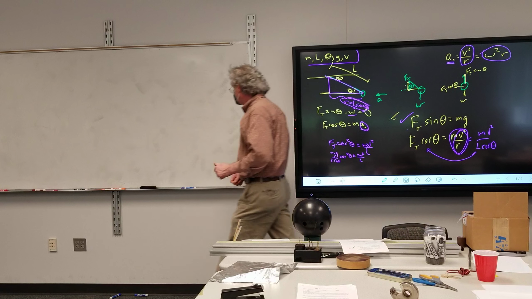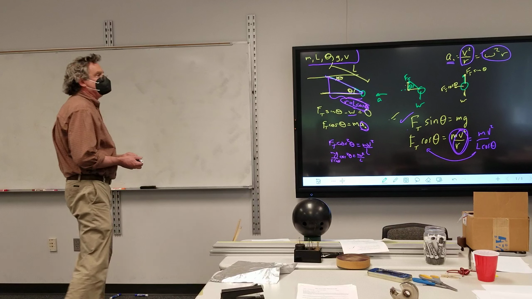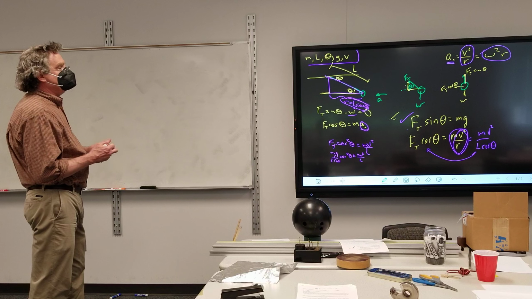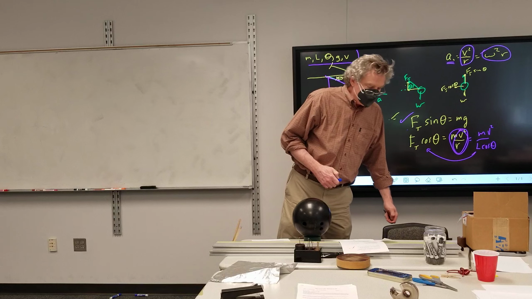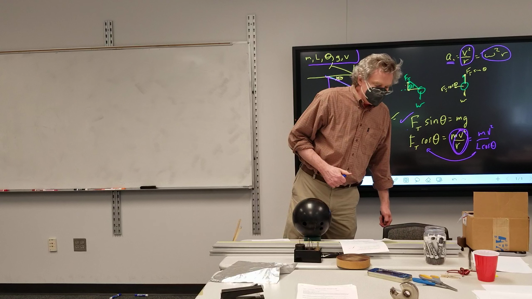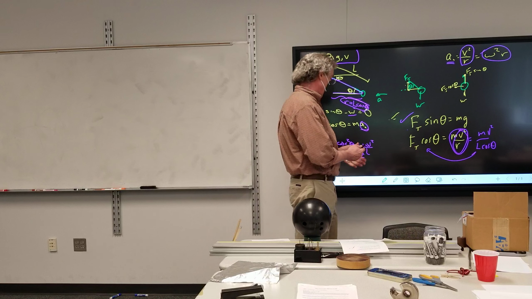However, I know M, so I know V. Let's see, I give you mass, I give you L. It's 4 for V. All right, so I have V, so what do I know?